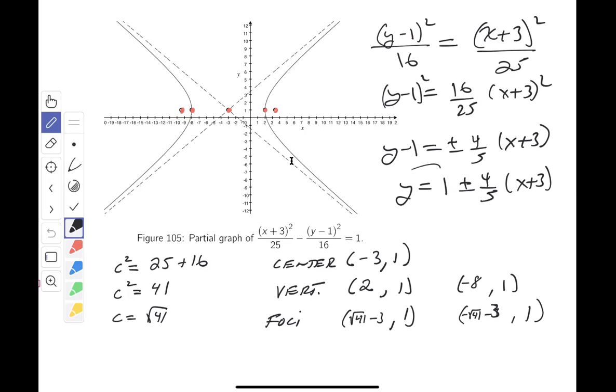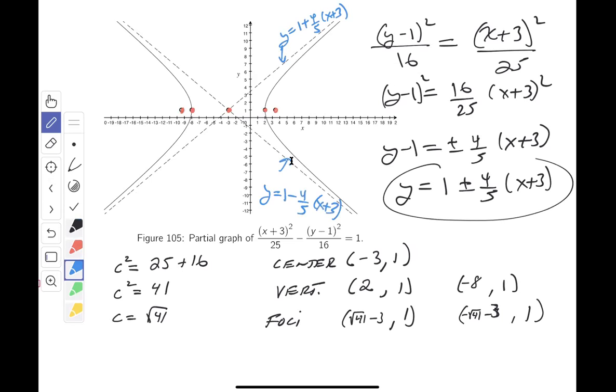These are the equations of the asymptotes. I'm going to write them down next to the problem. This line with a positive slope is y equals 1 plus 4/5 x plus 3. And this line that's got negative slope is going to be y equals 1 minus 4/5 x plus 3.